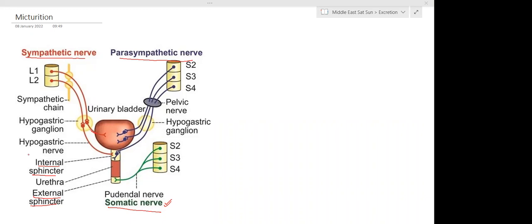It is a reflex process, but in grown-up children and adults, it can be controlled voluntarily. It can be controlled voluntarily to some extent. Full stop. Next point.